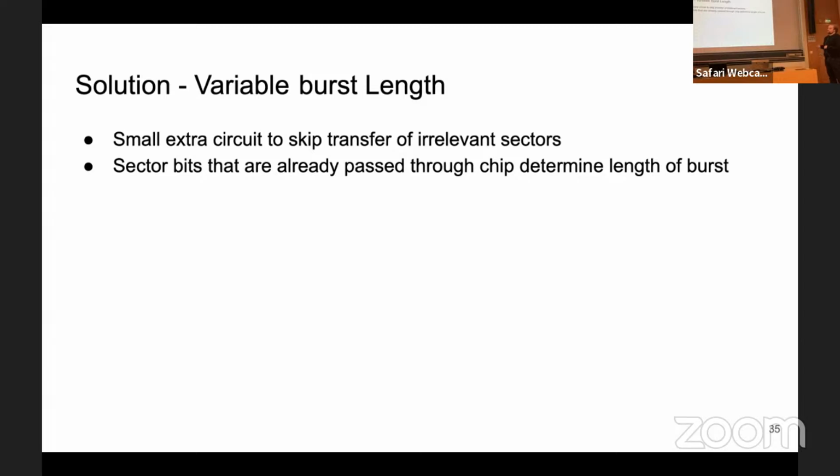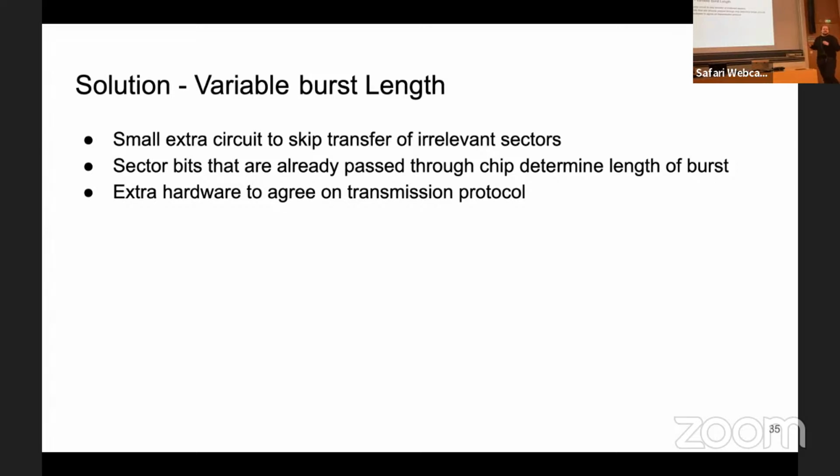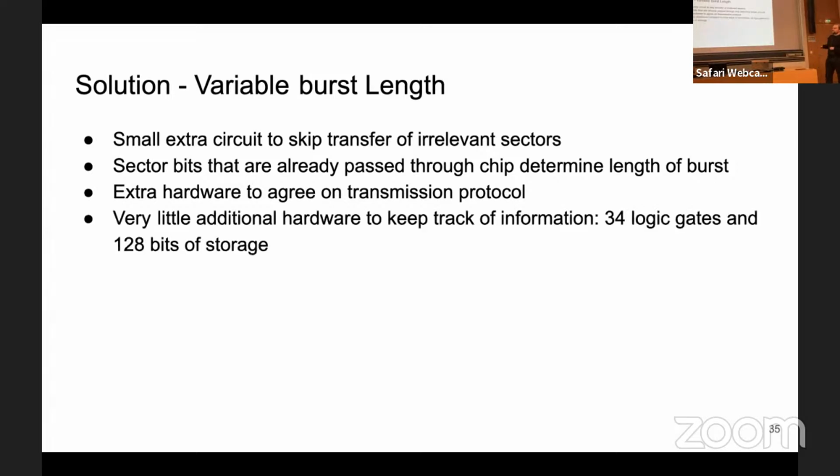But we need the extra circuit that I showed before that, depending on the sector bits, determines which beats we skip. We also need an extra counter circuit and stuff like that to keep track of what is transmitted when. In total, it comes down to 34 logic gates and 128 bits of storage. So not much, but some extra overhead.